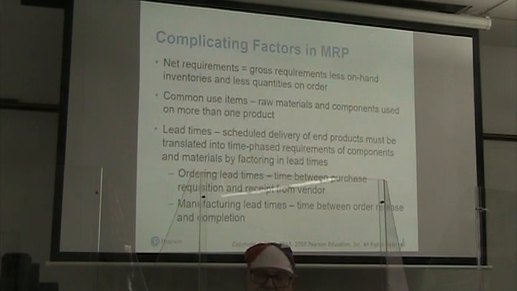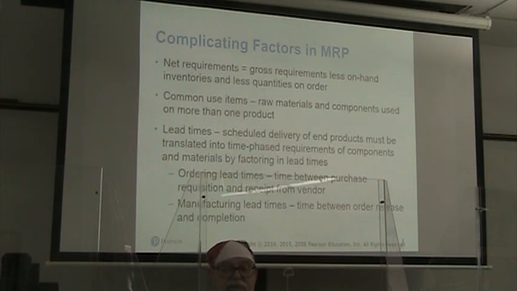Lead times are our scheduled delivery of end products that must be translated into time-phased requirements of the components and materials by factoring in lead times. Okay, so lead times are the amount of time it takes to get something. So we can have ordering lead times.